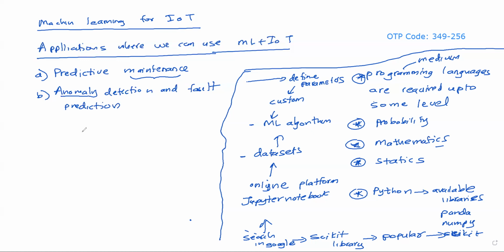For example, in industrial IoT applications, if we see that some production lines are behaving in an unusual manner, then we say there's an anomaly.